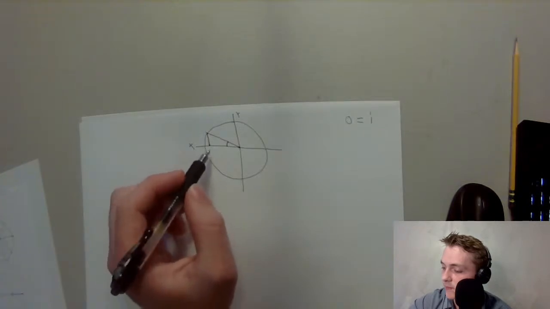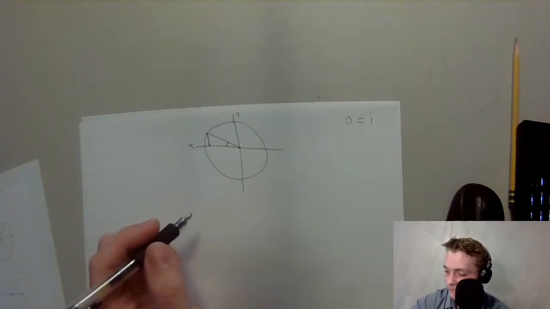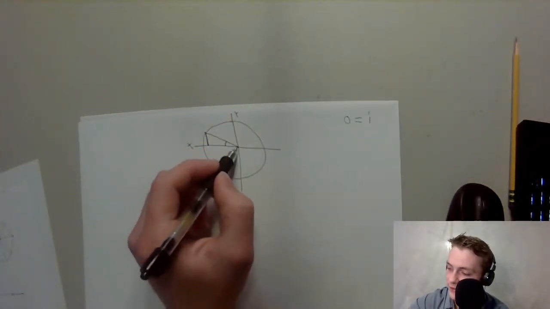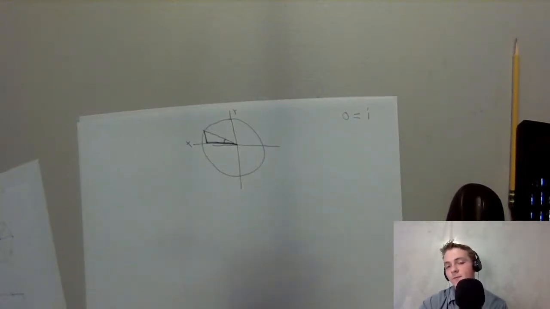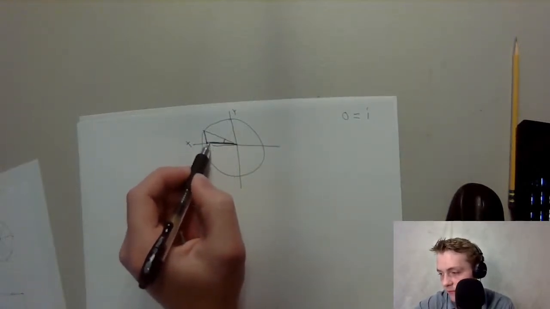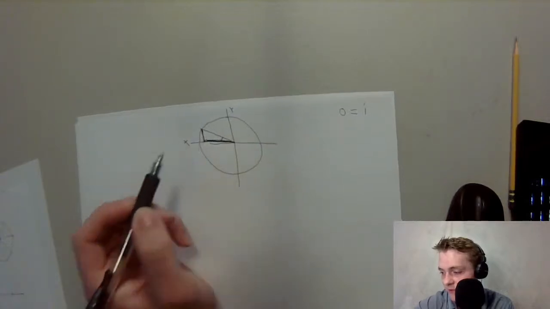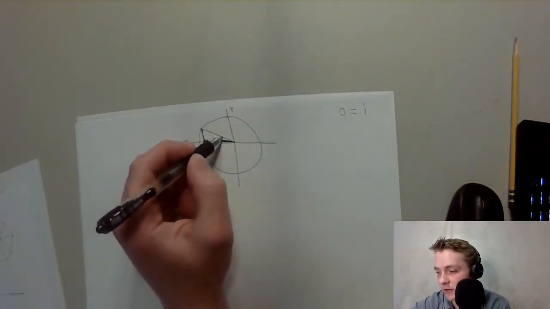Then I get some height and some x distance to make this triangle right here. What sine and cosine do is they give you, cosine gives you this x distance and sine gives you this y distance, based on what angle you give it.